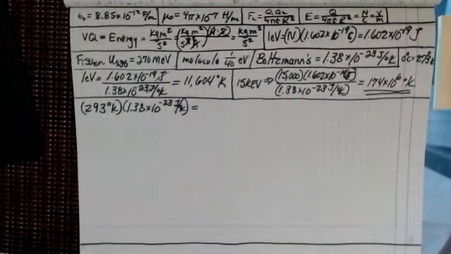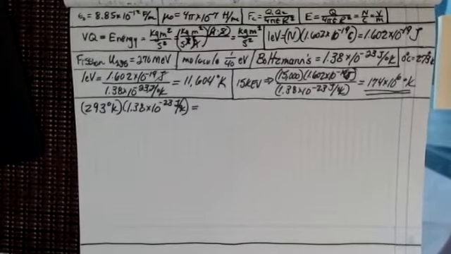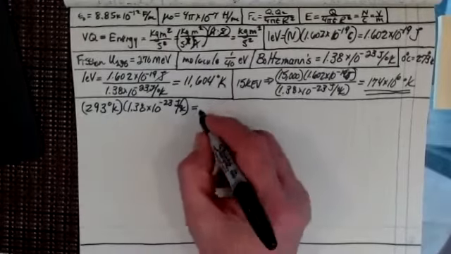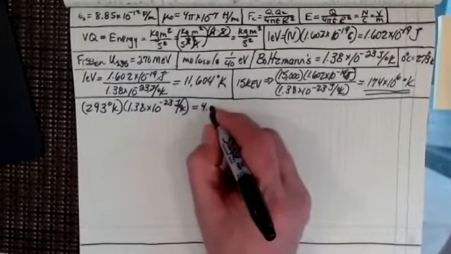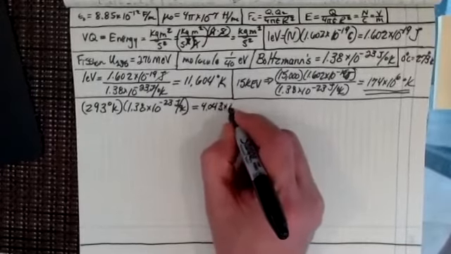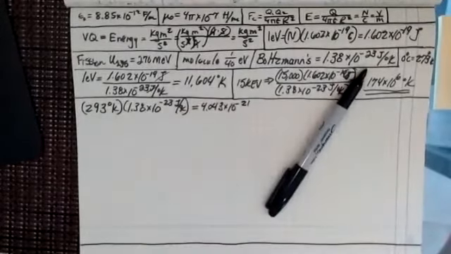Let's just check that out. If I have a gas at 293 degrees Kelvin, and I've got Boltzmann's constant right there, 1.38 times 10 to the minus 23, that gives me about 4.043 times 10 to the minus 21, doesn't it?